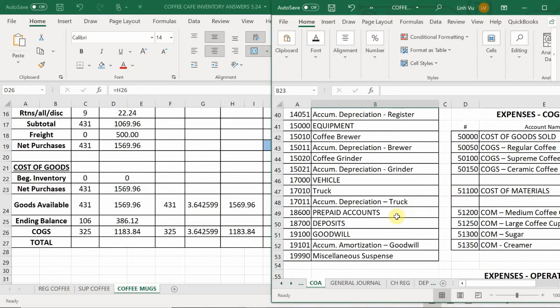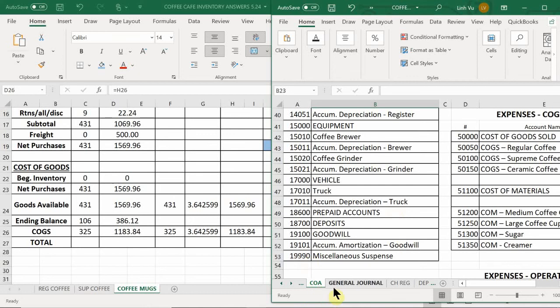What was your question again? So she answered the question right that we're looking at cost of goods sold. My question is, what particular account are we looking at? Cost of goods sold, the 50150. 50150. Good. Which is what? Cost of goods sold for ceramic coffee mugs.